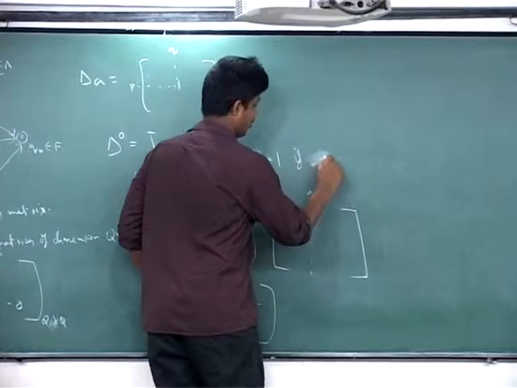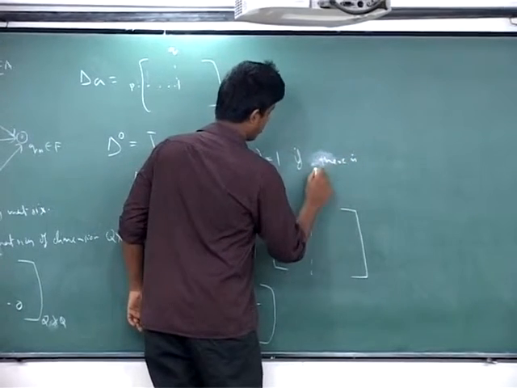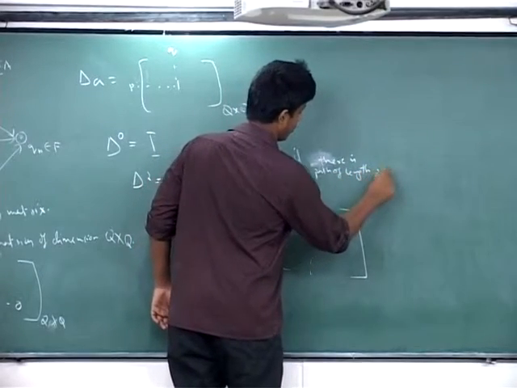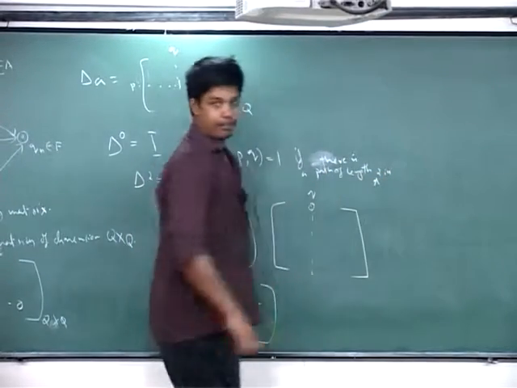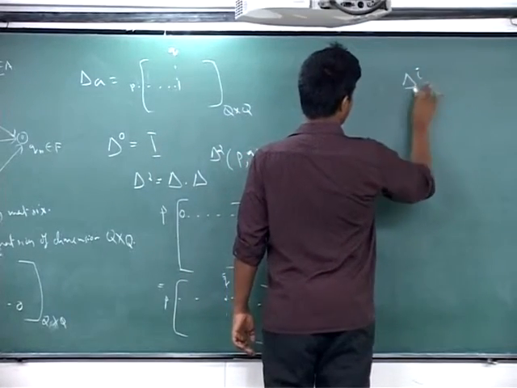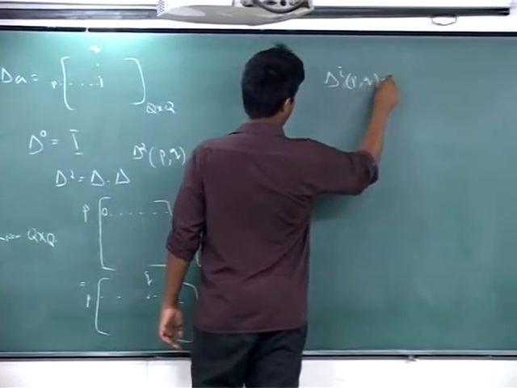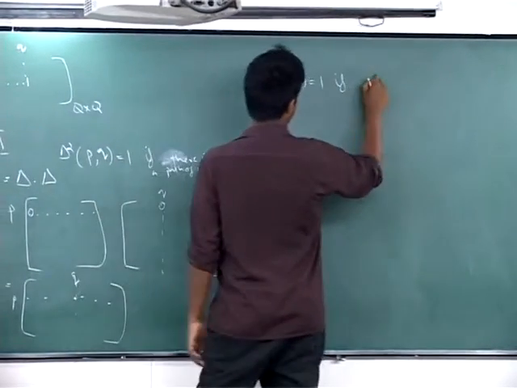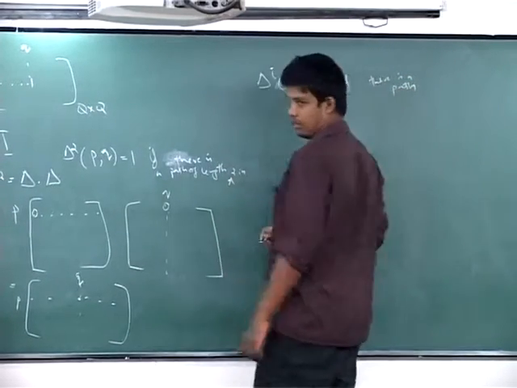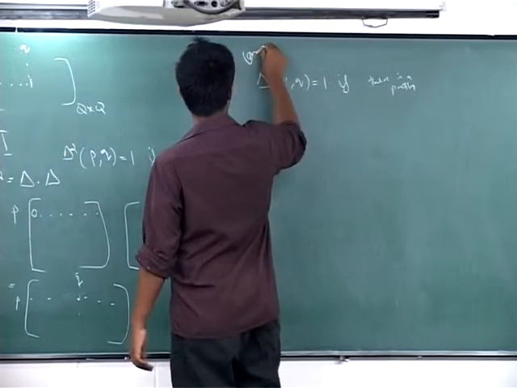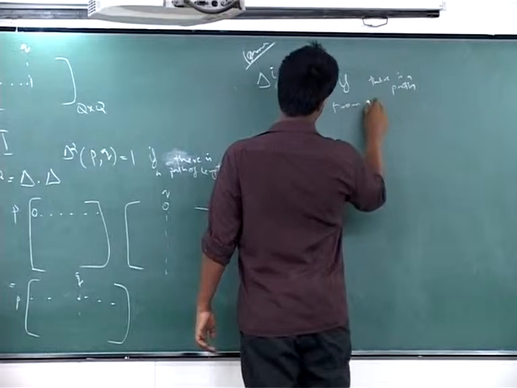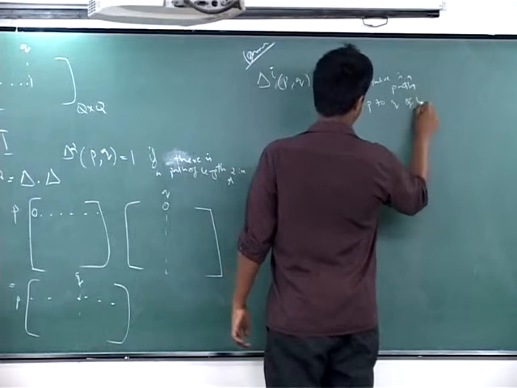If there is a path of length 2 in the automaton A. So in general, I claim, and this is a lemma, that delta I of PQ is 1 if there is a path from P to Q of length I.